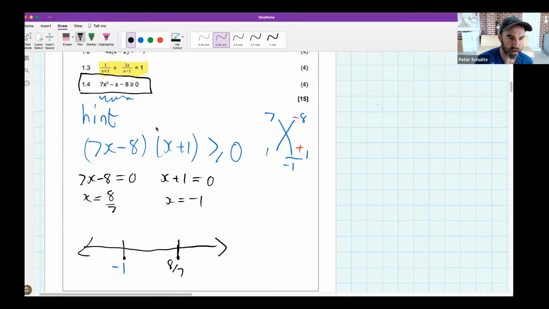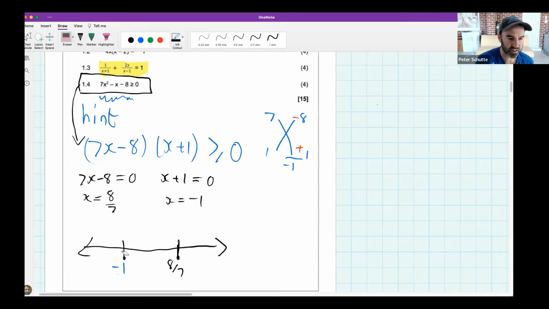If I put -1 into this expression, so the 1.4 expression was factorized into this. It's the same expression. If I put -1, it's the easiest one to see, into this thing, it makes the bracket 0 and it makes the whole expression equal to 0.